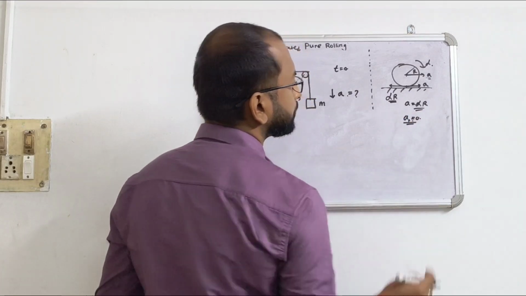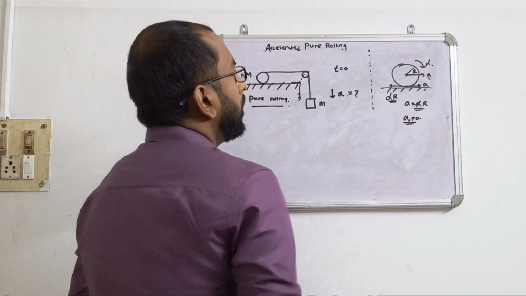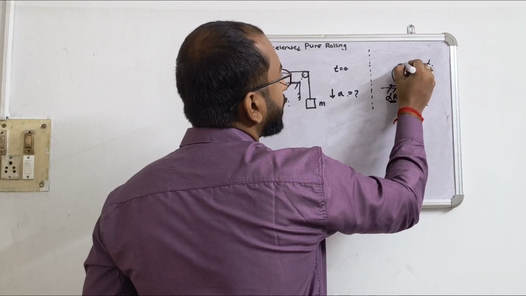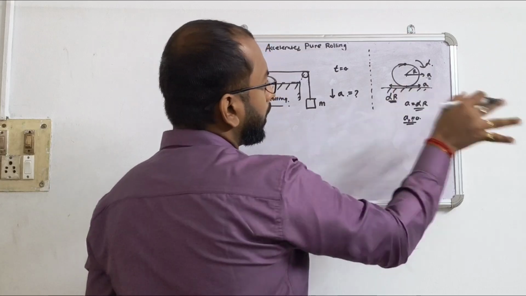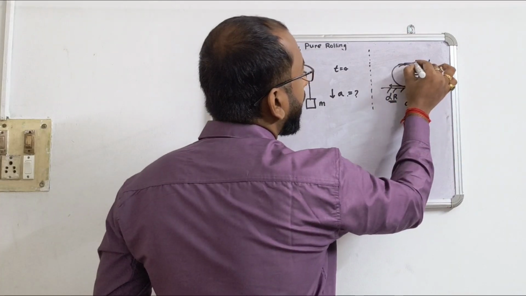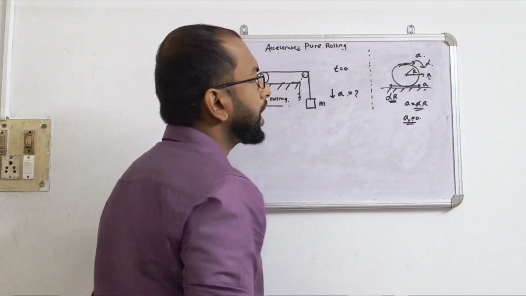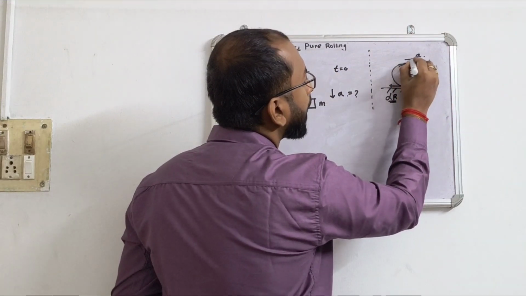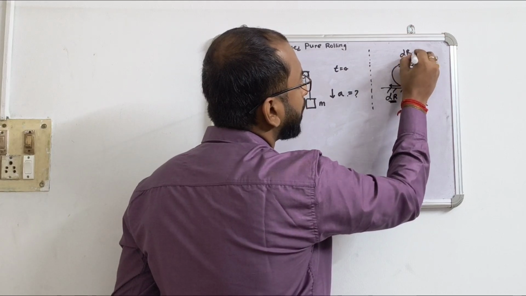Total acceleration for the topmost point: of course due to the linear motion, it is having linear acceleration in the forward direction. But due to the rotation also, it is getting one acceleration in the forward direction, that is alpha into r.